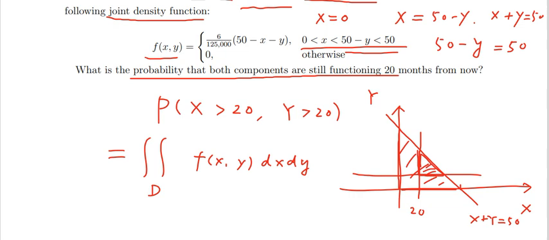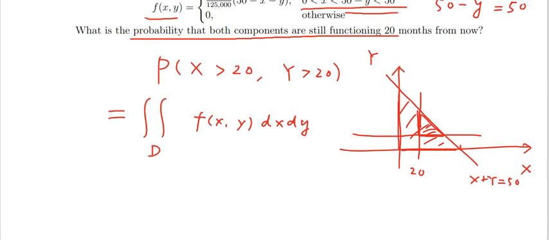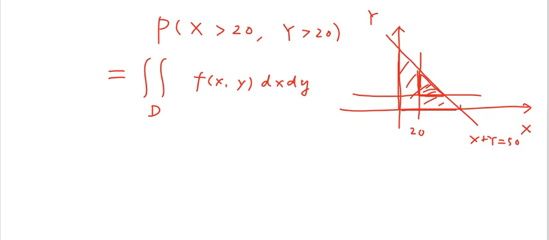So now such a problem becomes a totally math problem, right? So we can say this is the integration over x. We check x from 20 to this point. The smallest x is 20, and the largest x is where y equals 20, so x equals 30, right?